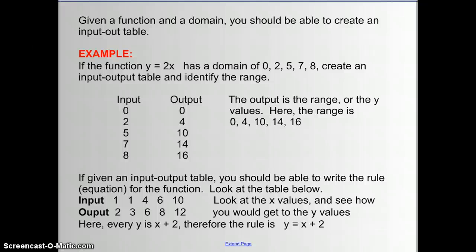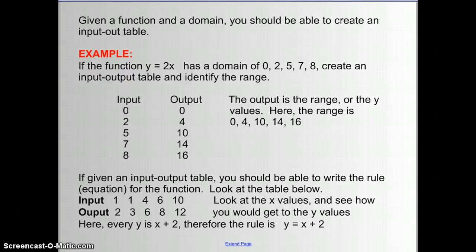So here's an example. They're going to give you a function like y equals 2x, and they're going to tell you the domain, 0, 2, 5, 7, 8. Now remember what we just said. The domain is the input values. So we're going to create an input-output table, and we're going to identify the range. The inputs are those numbers given to us. So the inputs are 0, 2, 5, 7, 8.